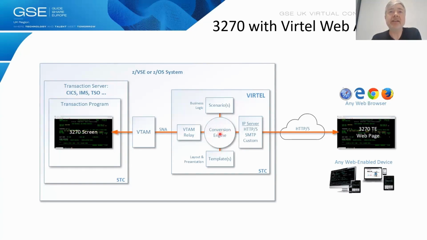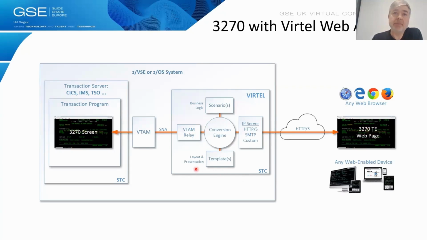And this conversion engine converts the incoming HTML data to SNA and 3270 dialog to exchange with the 3270 applications on the back end of the z/OS server. And back again, of course. So when the response comes, it's converted back to HTTP to be sent back to the web browser. And it's all displayed here without any Java. It's basic HTML, CSS, and JavaScript.